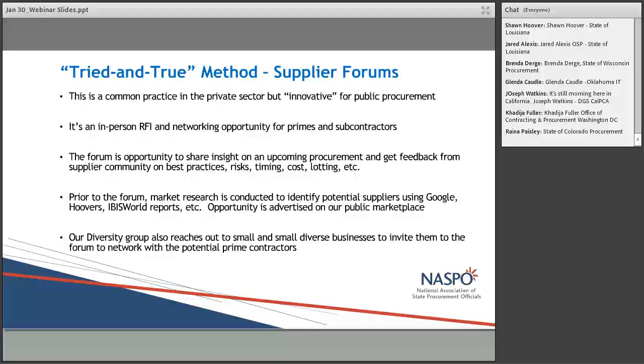So what this supplier forum is, it's essentially an in-person RFI, or request for information, and it's also a networking opportunity for prime and subcontractors, particularly small diverse businesses, to network with potential primes on an upcoming procurement.